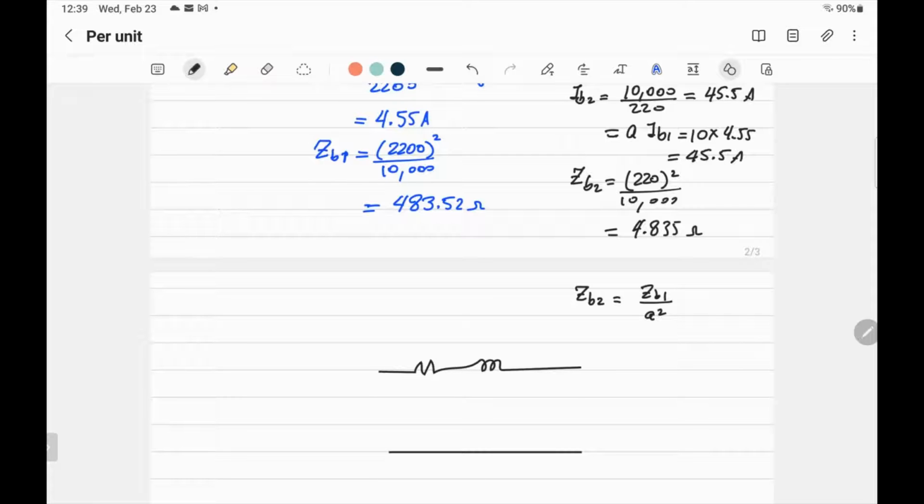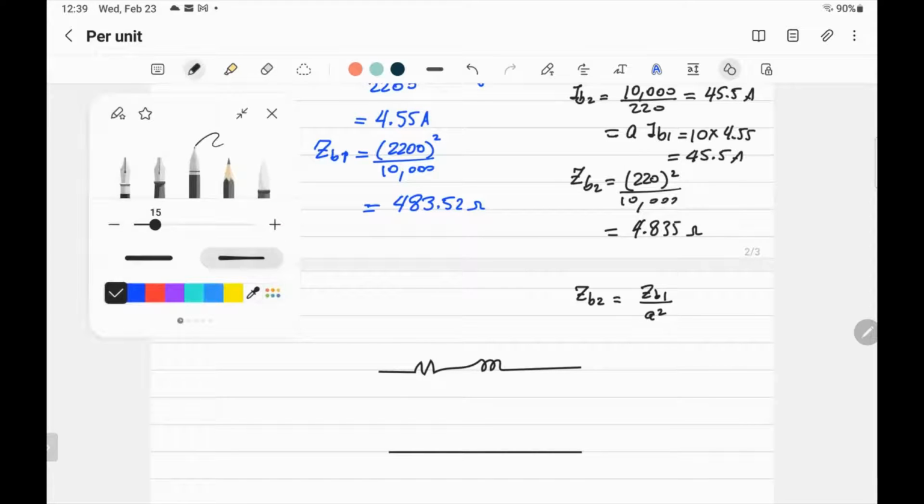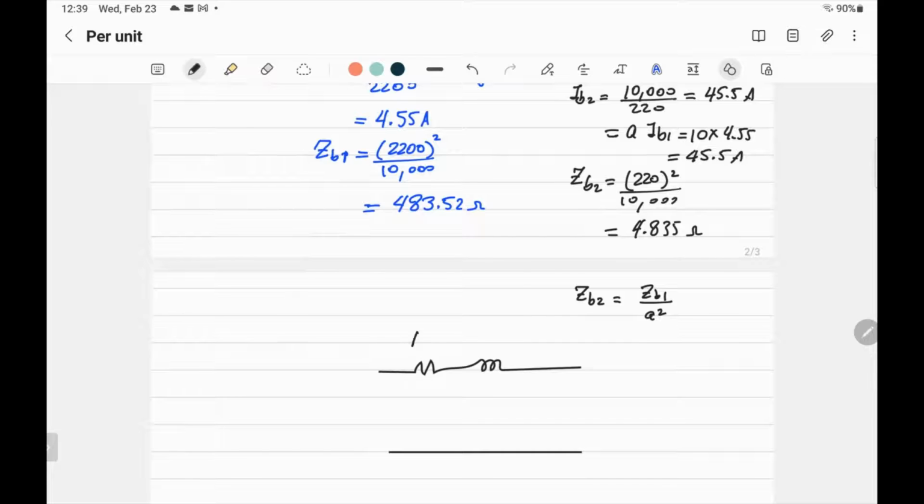Big problems like that. So I need to find R equivalent per unit.